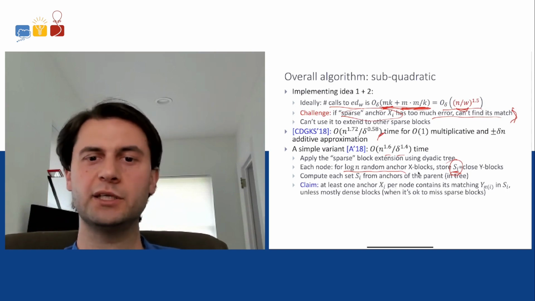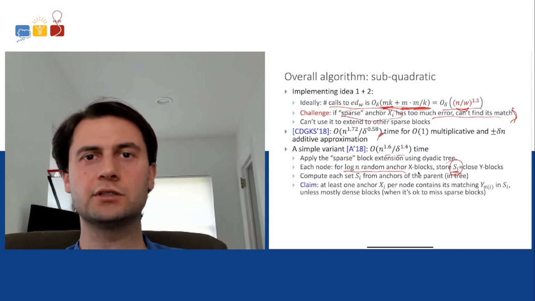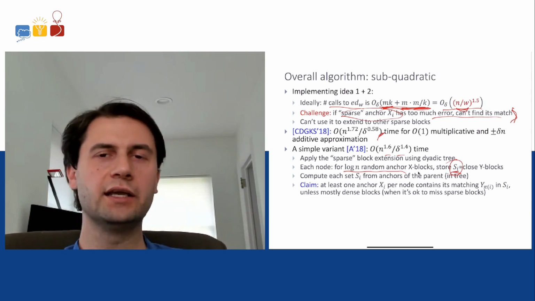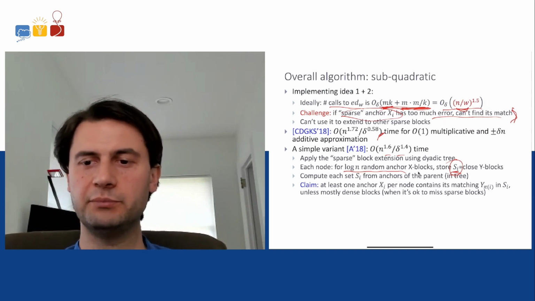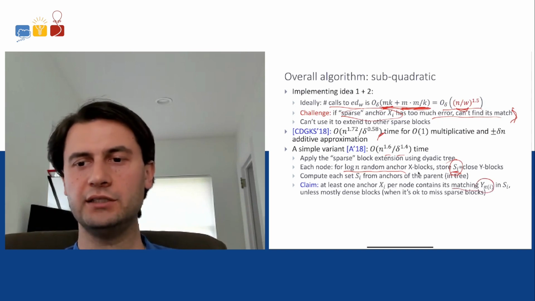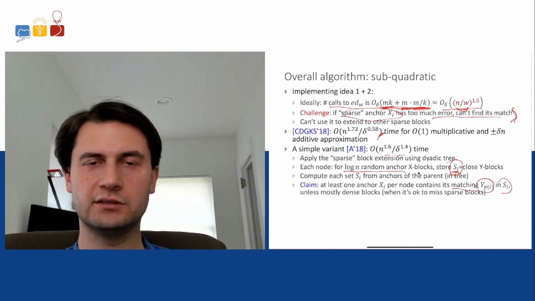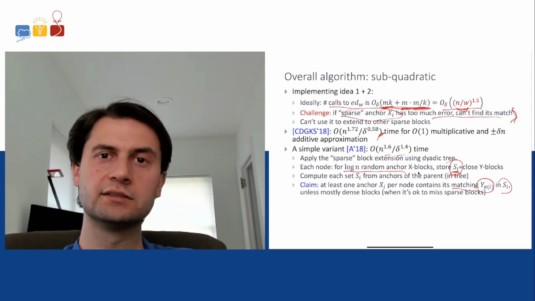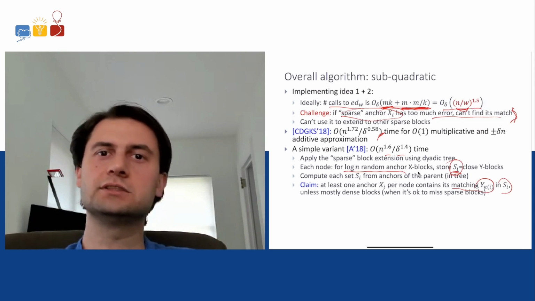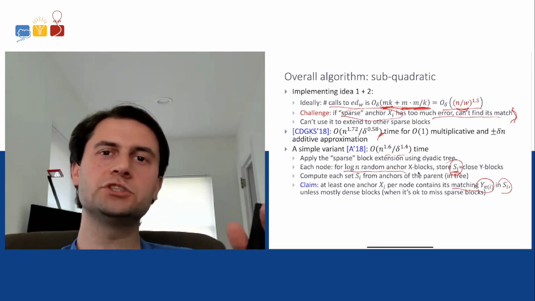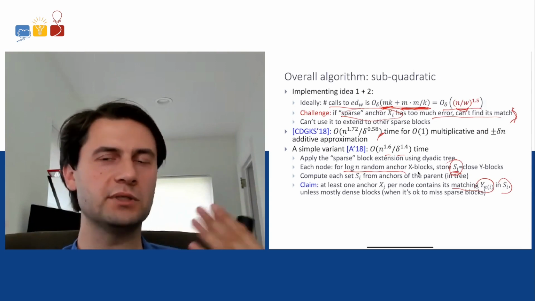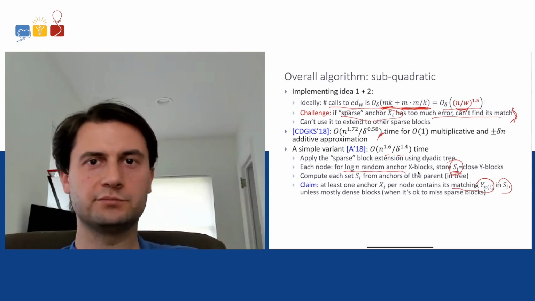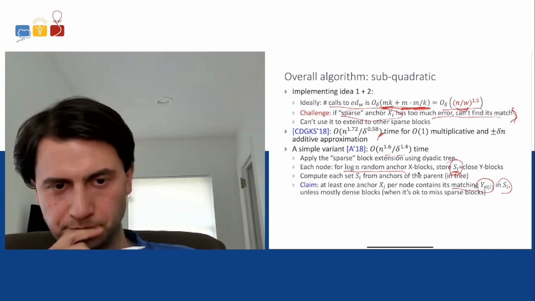The main claim is that in every node, at least one anchor will succeed, in the sense that it will contain its matching block y of pi I in the set Si that it stores, unless this sequence of blocks is mostly composed of dense blocks, in which case the dense block approximation is already good enough, and we can give up on the sparse blocks. It won't introduce too much error.